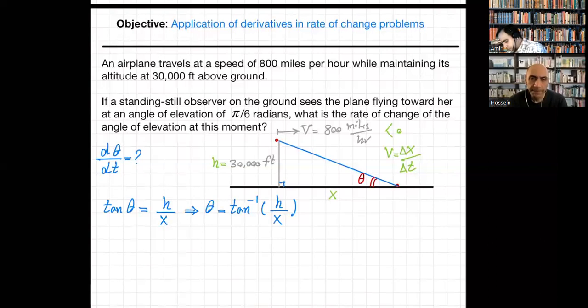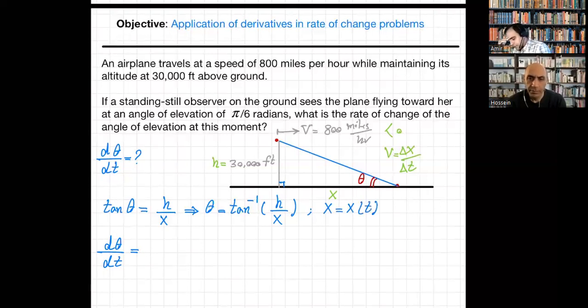And the question is d theta over dt. Based on this, I'm going to take the derivative of this function. d theta over dt is equal to, here we see that theta is in terms of x, but we know that x itself is a function of time.